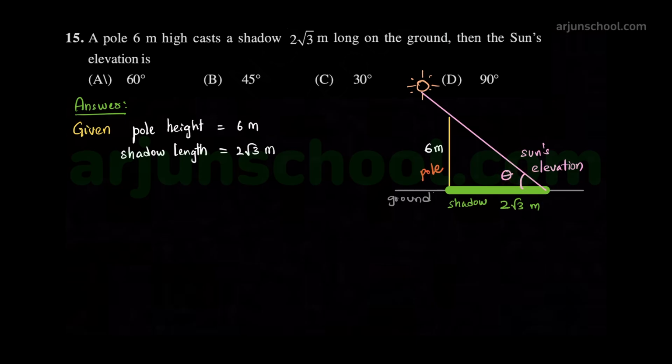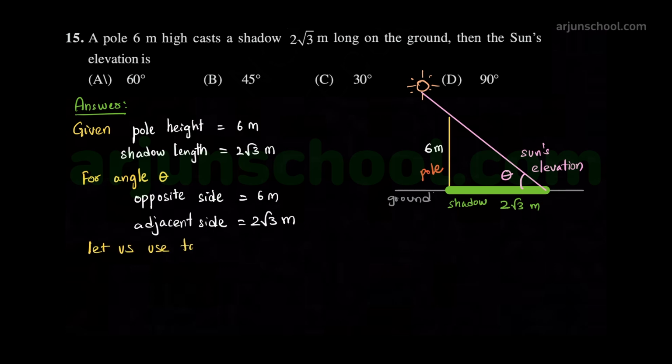For angle theta, opposite side is side opposite to angle theta, which is pole height 6 meters. Adjacent side is the length of the shadow. Therefore, adjacent side is equal to 2 times root 3 meters.